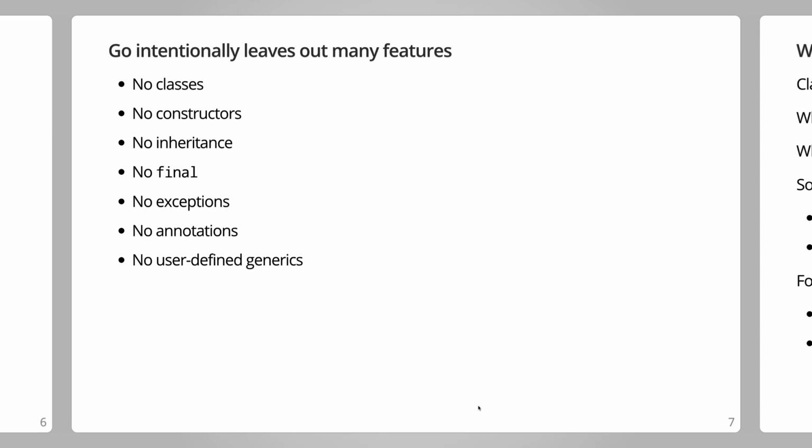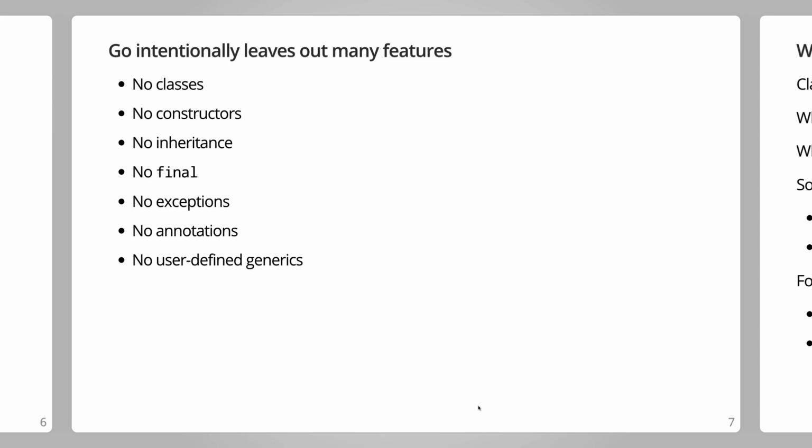All right, so Go has a goal of being readable, and for this reason and other reasons, the designers intentionally left out many features that some other languages have put in. For instance, there's no classes, there's no constructors, there's no inheritance, and there's no exceptions, and so on.